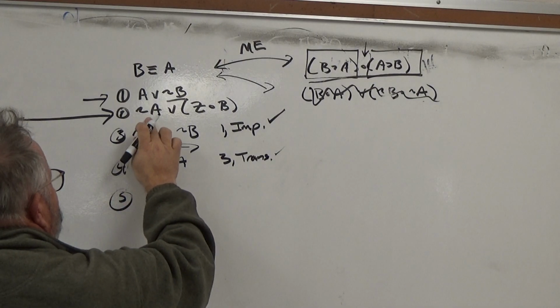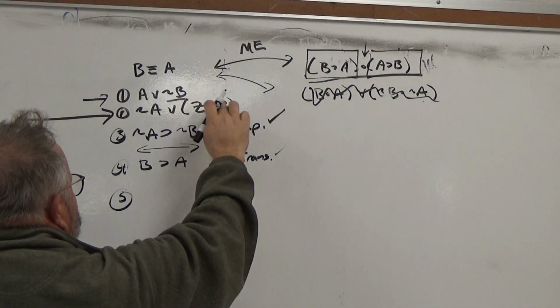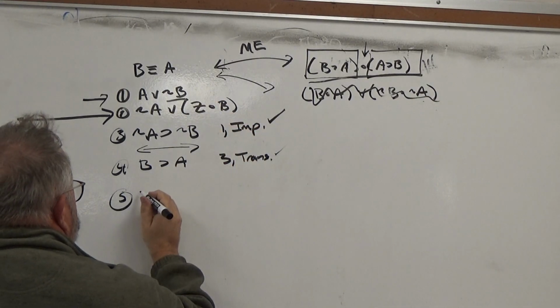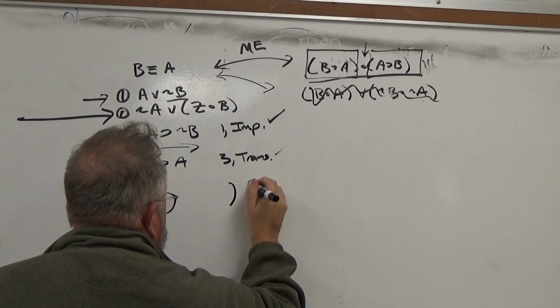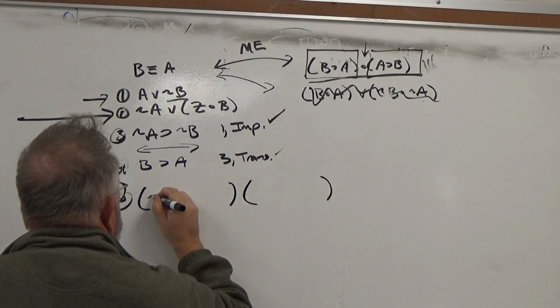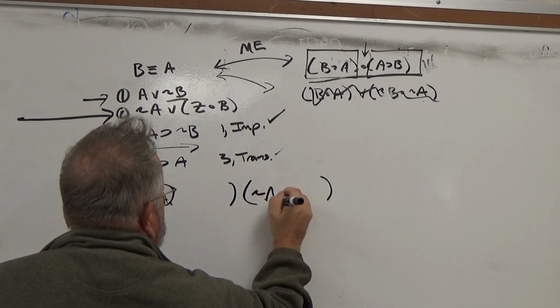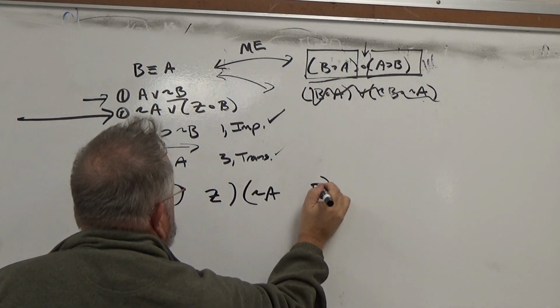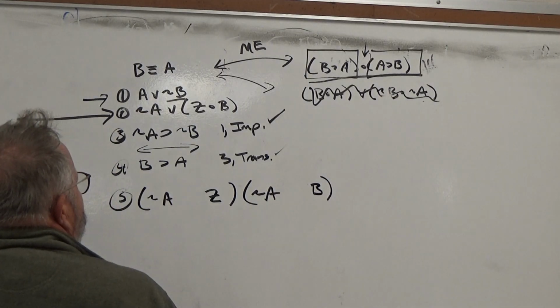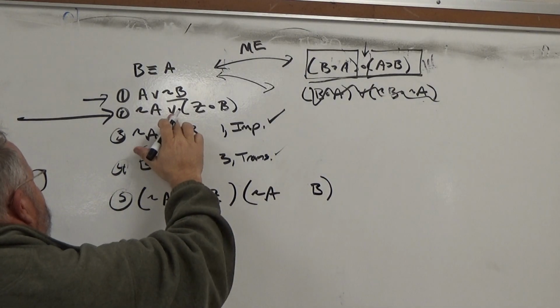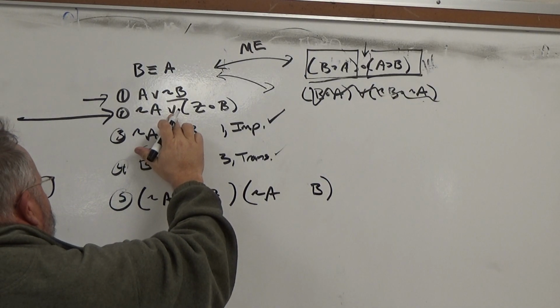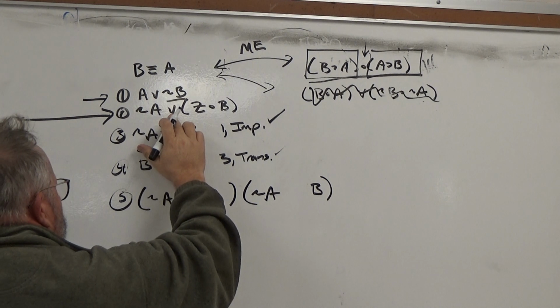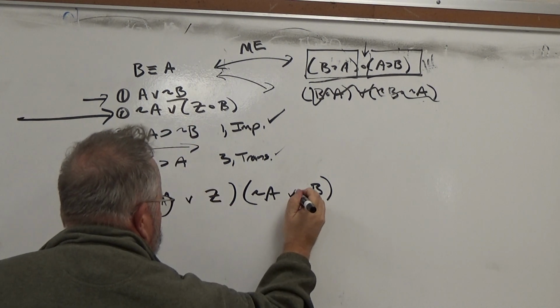And so I'm gonna distribute the not A to the Z, and I'm gonna distribute it also to the B. It's like I must split it up. And the pattern is, this is the major operator, the main logical operator here, so it becomes the minor in the new one. So boom, boom.